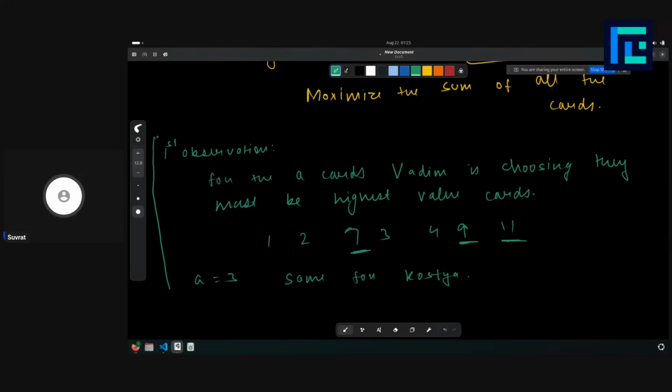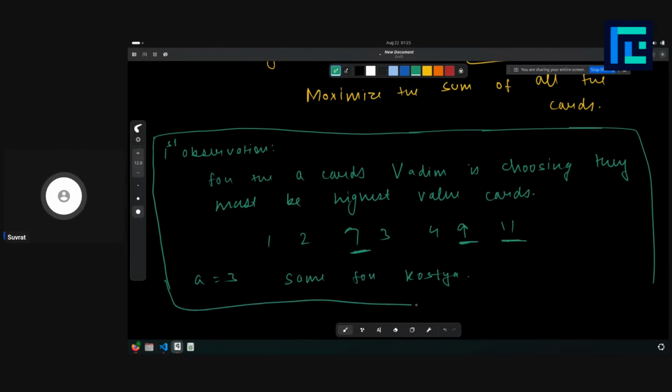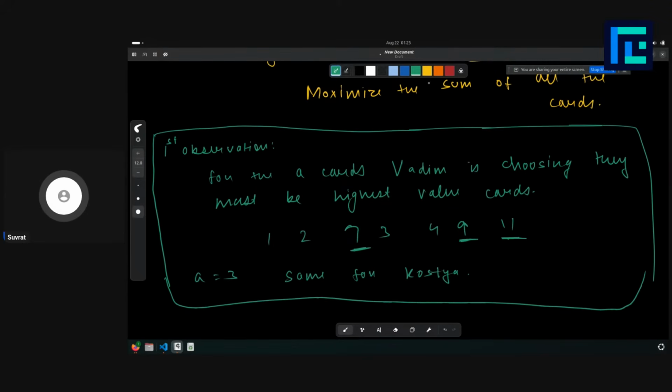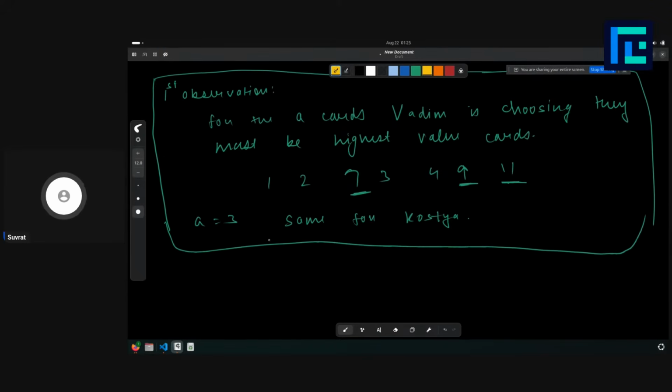Because we want to maximize the sum, there is no point in choosing the lower value cards. So this is our first observation, pretty obvious. Now this tells us that we need to sort the array and reverse it, because then all the high value cards will be in the front.